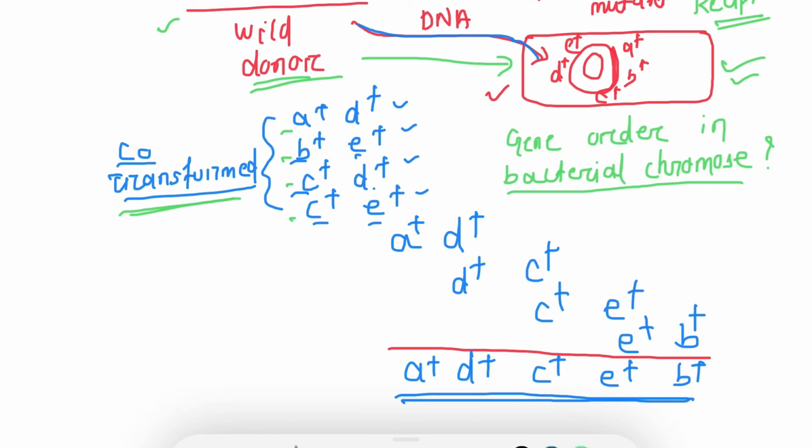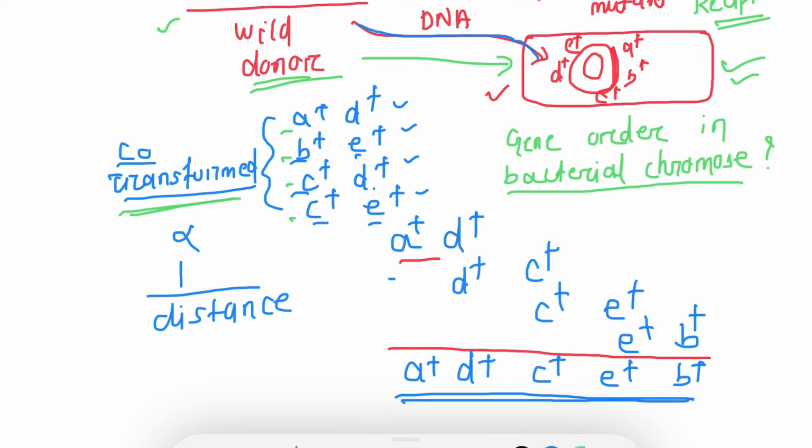So if you get this type of question, first remember that the co-transformation efficiency is always inversely proportional to distance. If they are close, then they will co-transform.